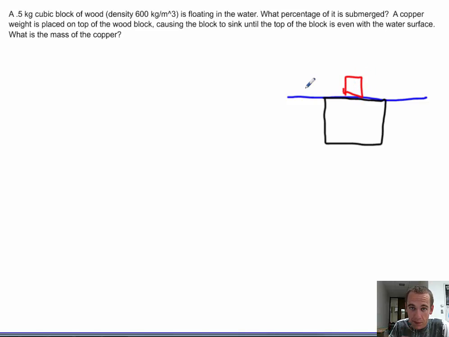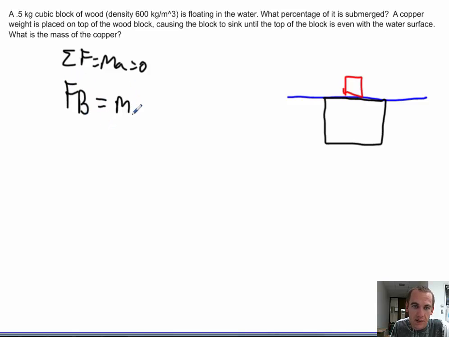Now, just like before, this is at rest, so Newton's second law is net force equals mass times acceleration, but this is zero, it's not accelerating. So the buoyant force acting up is equal to the mass of the block times g pulling down plus the mass of the copper times g pulling down.